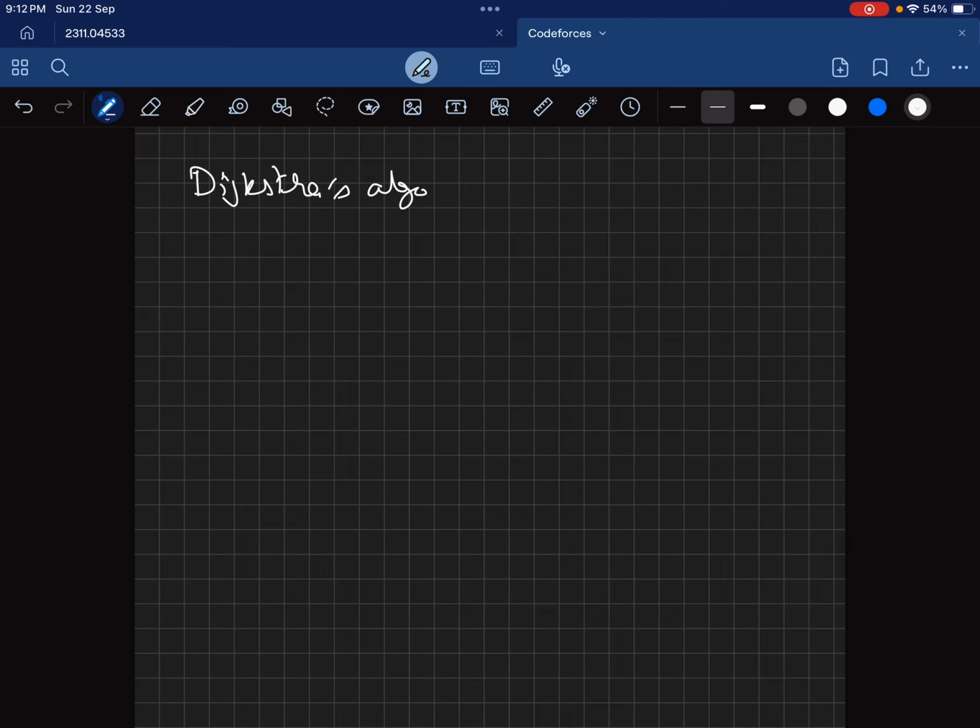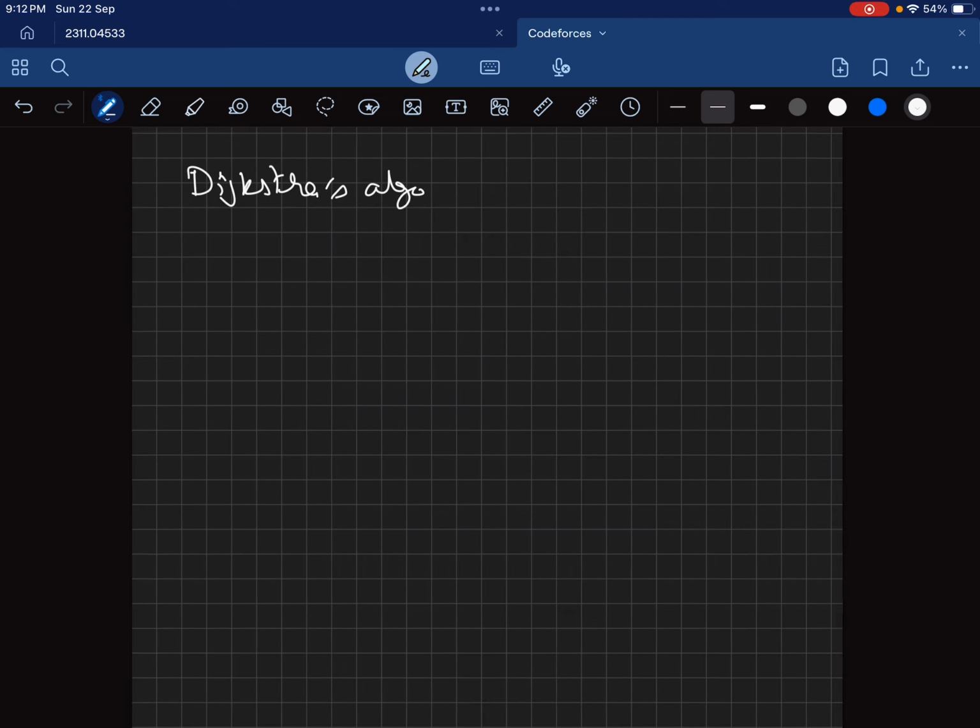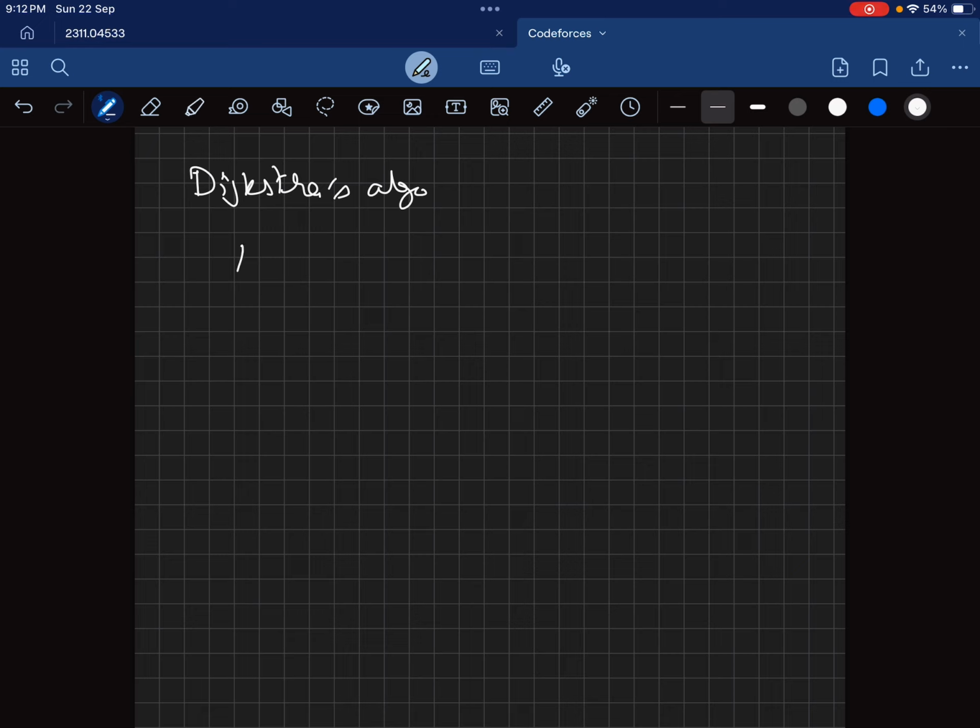So suppose there were no horses at all. In this situation, what could we have done? We could have applied Dijkstra's algorithm by considering 1 as the source, and we would have applied Dijkstra's algorithm using n as the source.